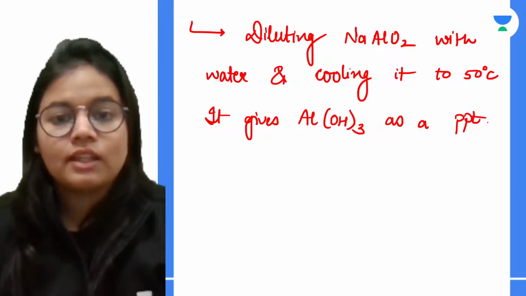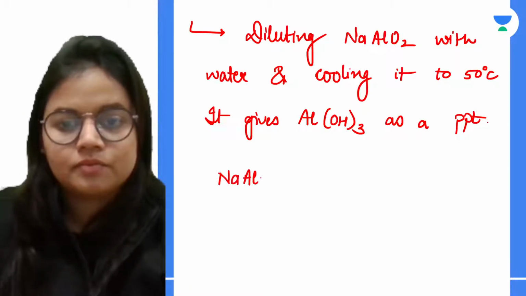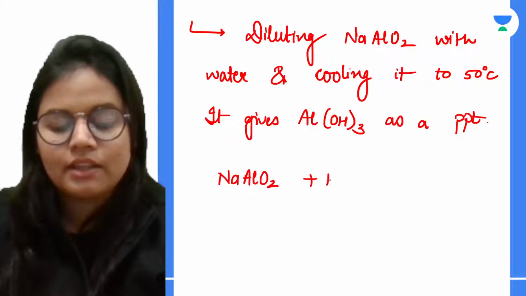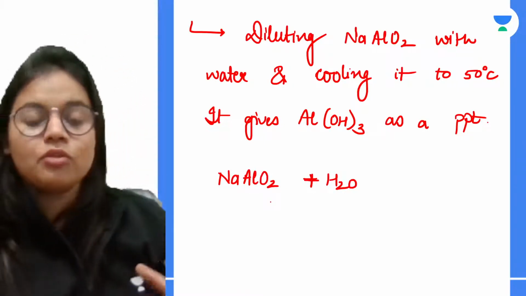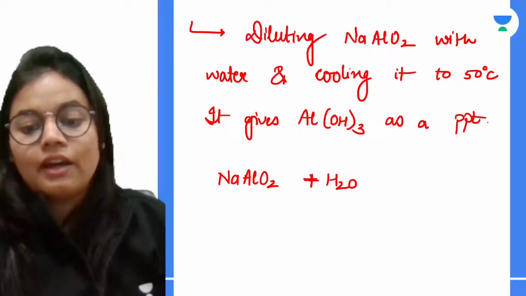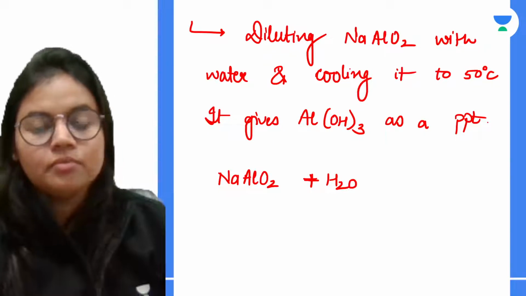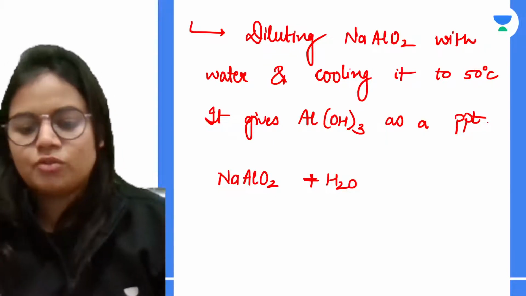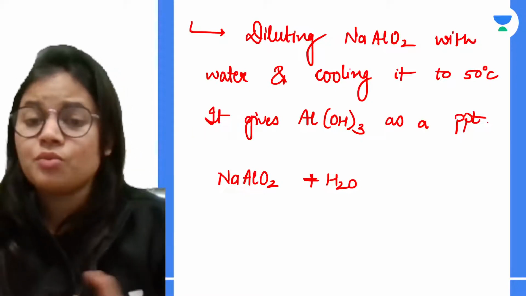What is the reaction? Let's quickly check it out. Plus H2O. Now here students, in every step you might be noticing there is a reaction, and of course, this reaction becomes a very important part of your answer. If it is asked for 1 or 2 marks or only a certain point is asked, it's well and good.